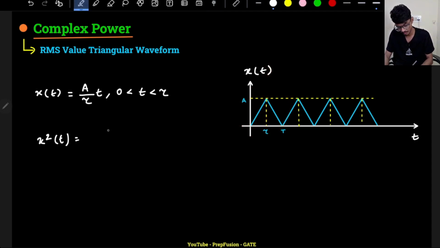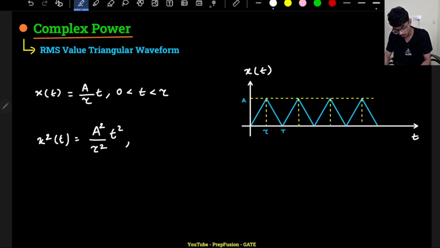So if I do x square, this will be A square into t square by tau square. Then we take the mean, right?